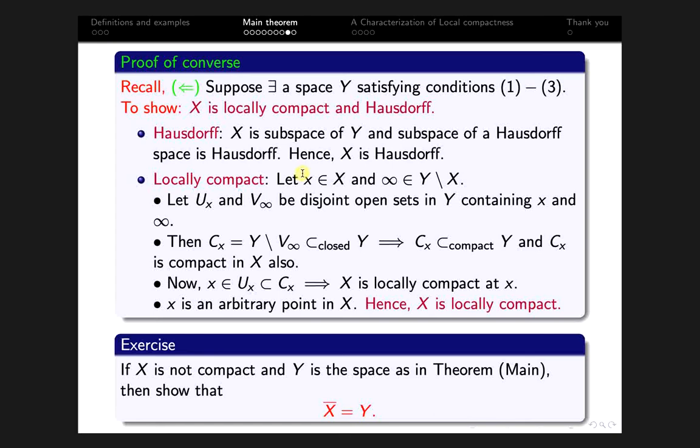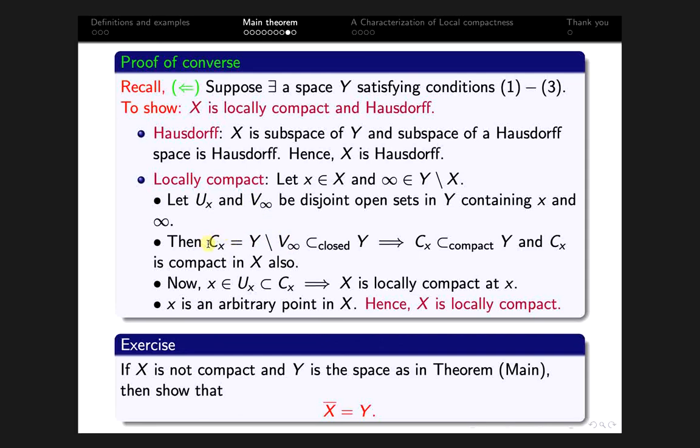Therefore, there exist open subsets U and V in Y such that x belongs to U and infinity belongs to V, and they are disjoint, U intersection V equal to empty. Here we have denoted by V the open subset of Y containing infinity. So this is V infinity.